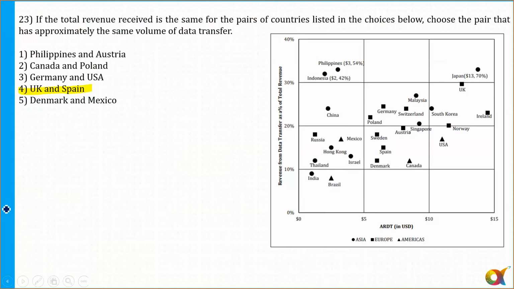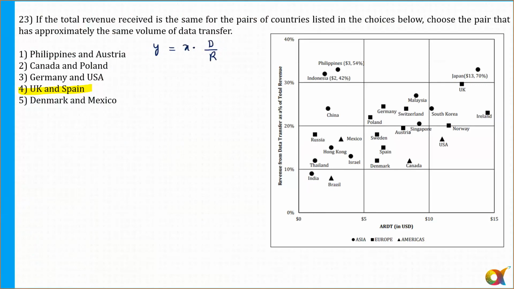Now, it says total revenue is the same. And we already have the relationship that Y is equal to X into total data upon total revenue. Now I'll leave out the into 100. Can I leave the 100 part? We can neglect it whenever we need to find the ratios here.